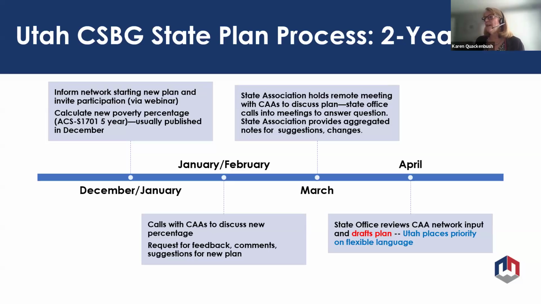So where we're getting right now is I'm starting to draft the plan, and Utah puts a pretty high priority on 50,000-foot language. We might have priorities within the network. For example, we've identified supporting a vibrant and robust data culture as part of our goals, but we don't go down like it's like with the boards, right?